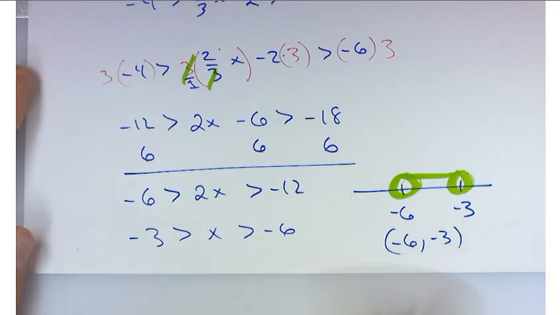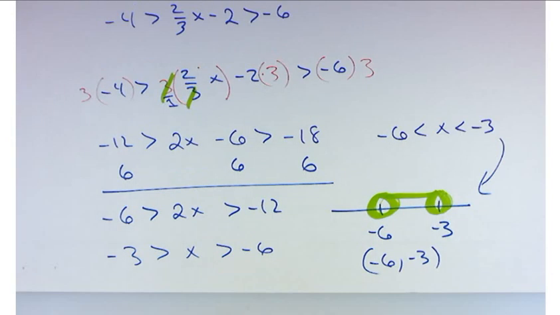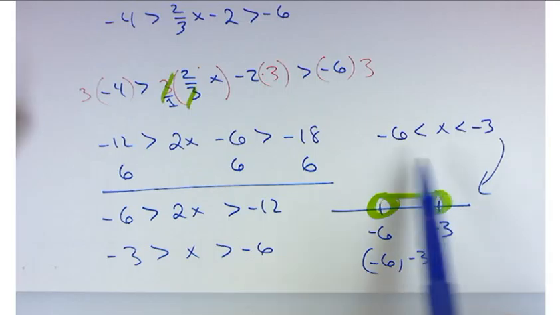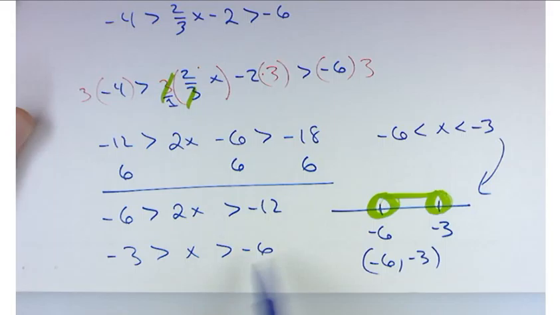You could, if you wanted to, flip this. You could write that equivalently as negative 6 is less than x is less than negative 3. And that's a better match to what we have here, that x is between these two. It's still saying the same thing. It's up to you which way you want to write it.